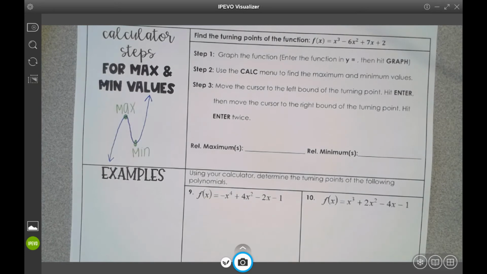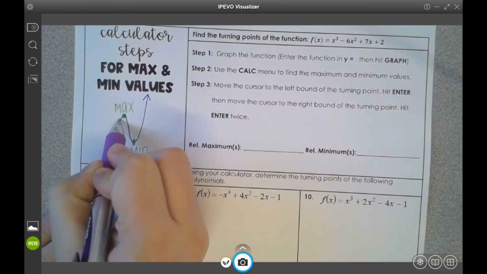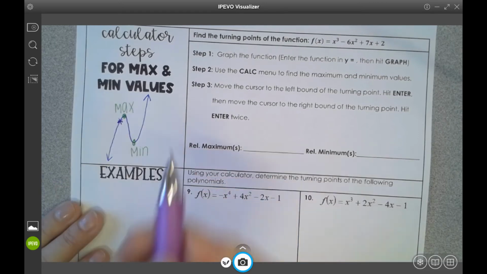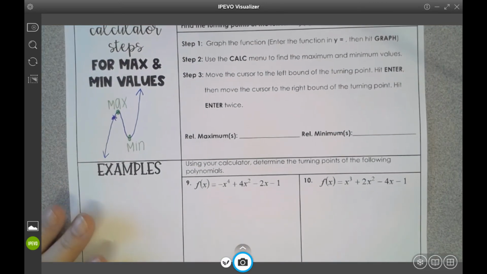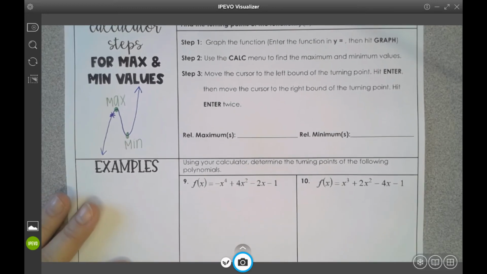It doesn't just straight up go to it because your graph could have several maximums and minimums. So if you look at the bottom, it says left bound question mark. So we're going to move the blinky cursor somewhere to the left of the max, maybe right here where I'm drawing in purple. Just make it blink a little bit to the left, and you hit enter. Then it says right bound.